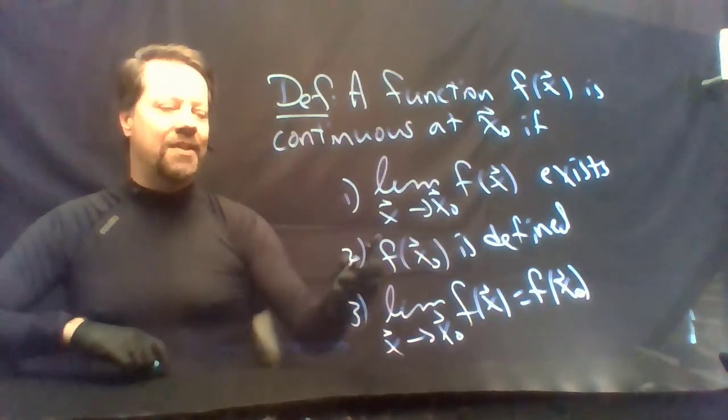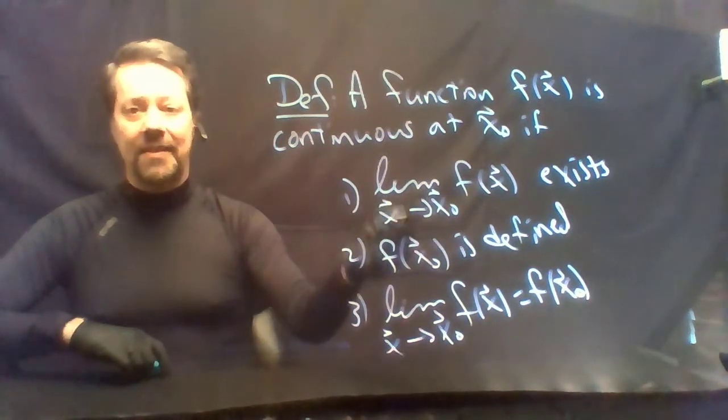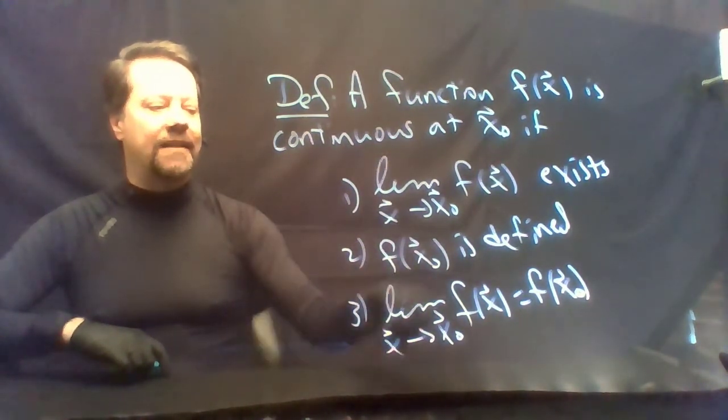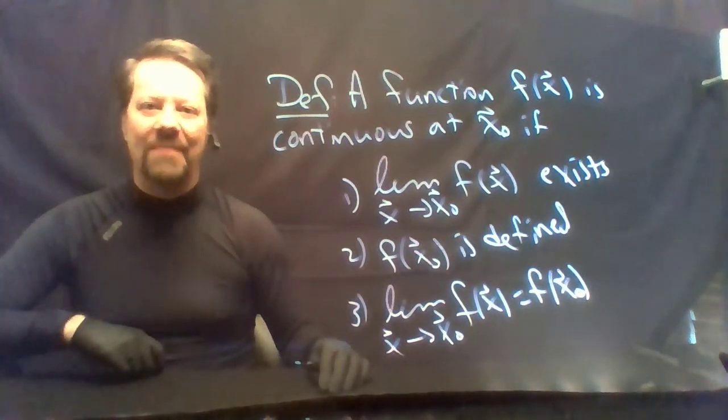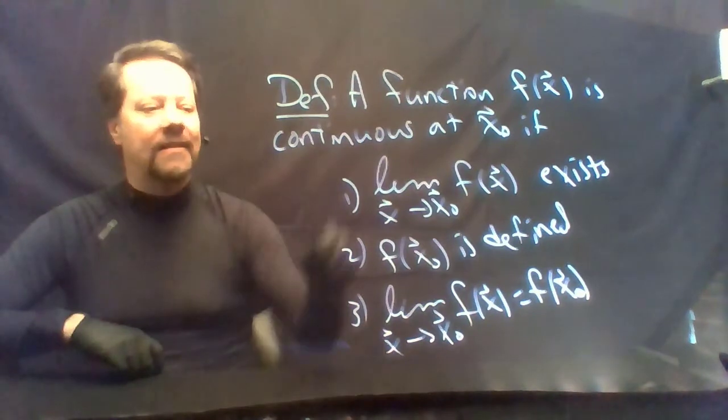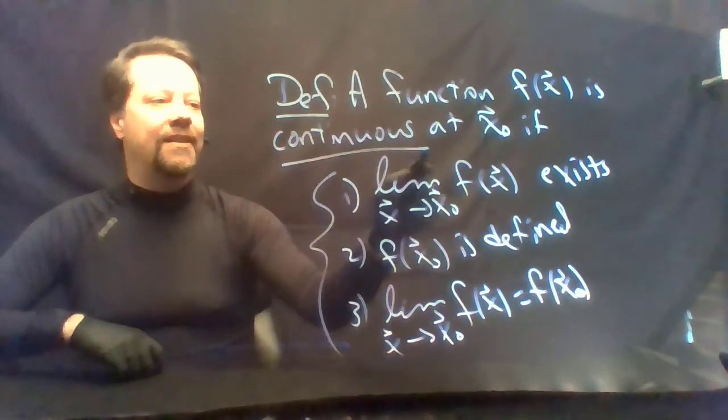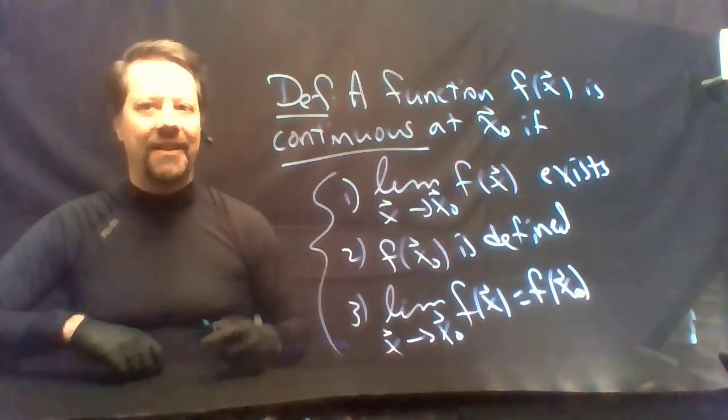So a function is continuous if the limit exists at that point, the function value is defined, and the limit value equals the function value. Same old, same old. You've been doing that since Cal 1. These are the 3 conditions for continuity.